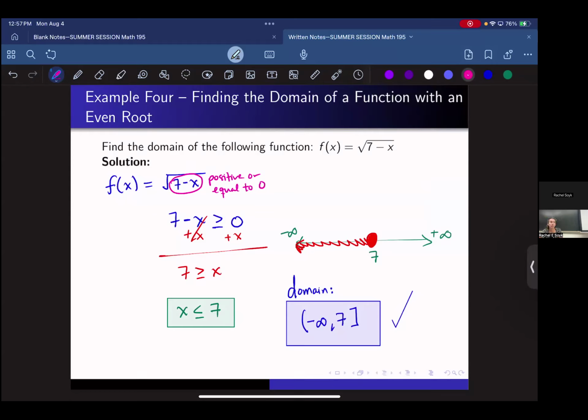Because anything negative, the square root of -4 ends up in the imaginary world. That ends up being 2i, which isn't a real number. And we're staying in the real number system. So that greater than or equal to stems from positive or equal to 0. It's greater than or equal to 0.